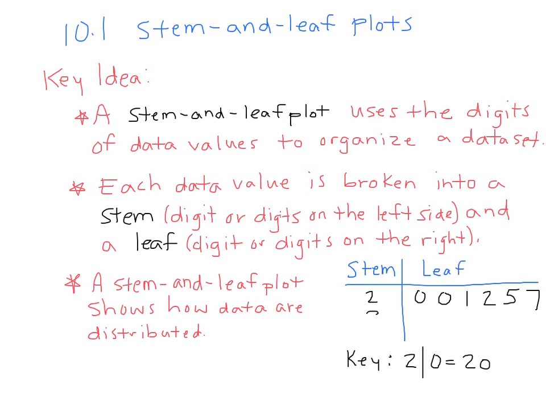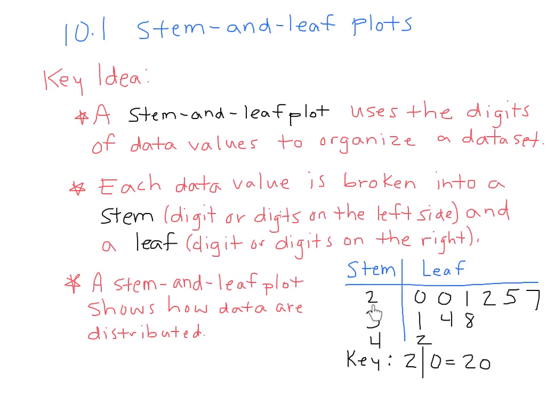Then my 3 stands for 30: 31, 34, 38. And if I had a 4 as my stem and just a 2 as the leaf, that means part of my data set was 42, and so on. In this situation, my stem happens to be the tens place, though it might not be in every situation.